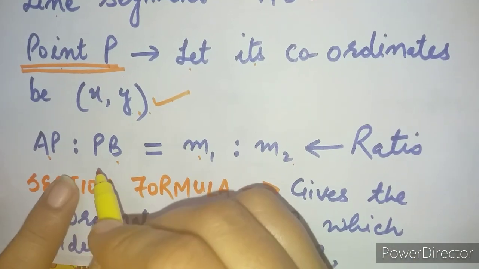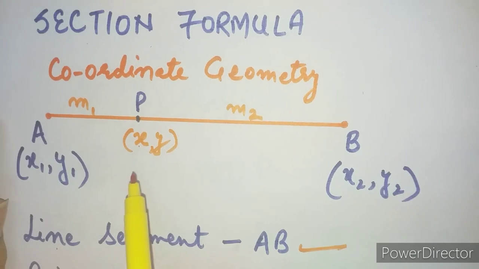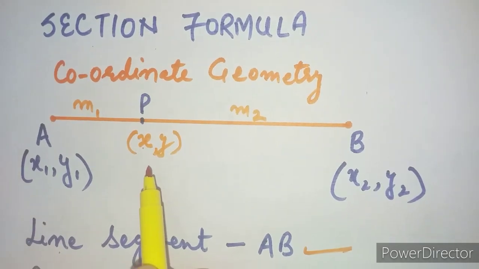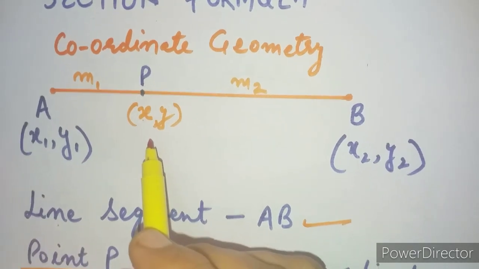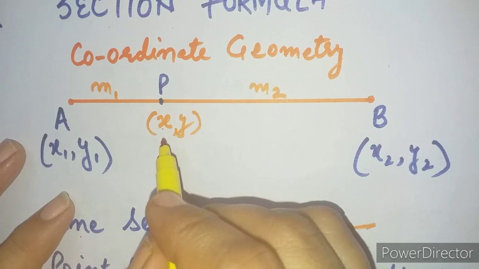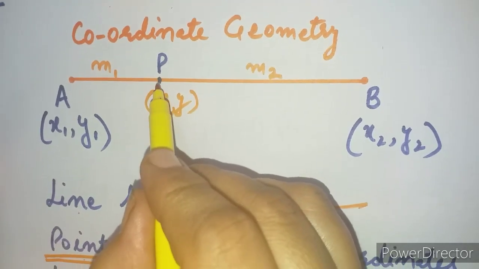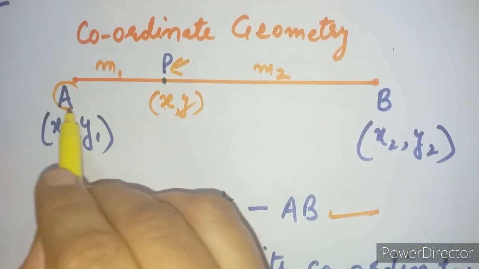Now again coming back to the section formula, after 1 minute I will tell you the actual formula. Before that I want to tell you where it is used. So dear students, see clearly that it is used to find the coordinates of point P. This is the unknown point. These are the known points.